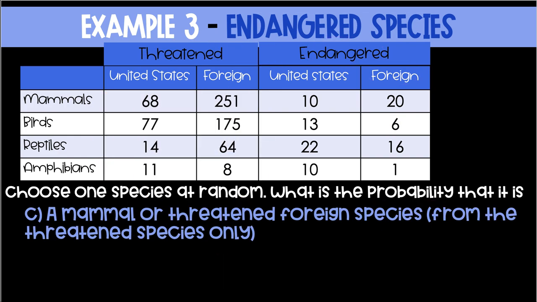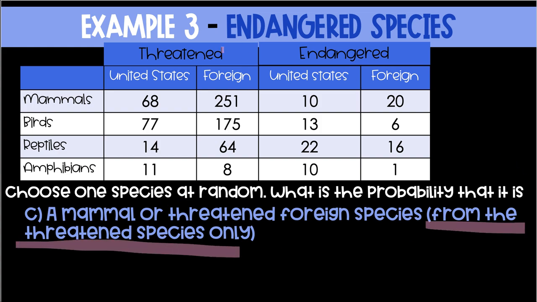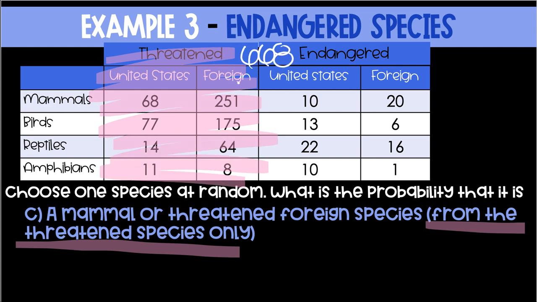If we choose one species at random, what's the probability that this species is a mammal or a threatened foreign species, from the threatened species only? Again, we're only choosing from the threatened species, which previously we learned was 668 in total when we add them all up. A mammal or threatened foreign would be the mammals, 68, plus all of the foreign, which are 251 plus 175 plus 64 plus 8.